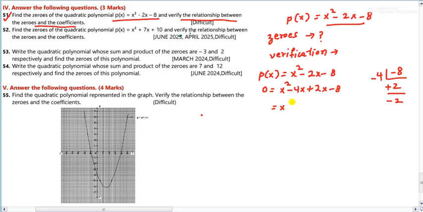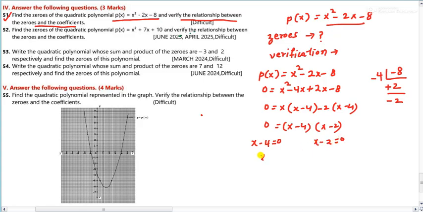You take x common, you'll get x minus 4. Again 2 common, you'll get x minus 4. Now x minus 4 is common, you take it out, you'll get x plus 2 here. Equate both of the terms to 0. So x you are going to get 4 here, and here you are going to get minus 2. So these are the zeros of the polynomial. Got it?